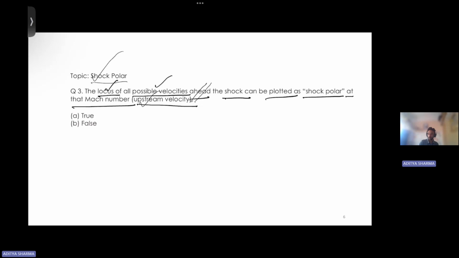So this should have been behind. But because the question says that it's ahead, in that case it's a false statement. Right? So it's a false statement.